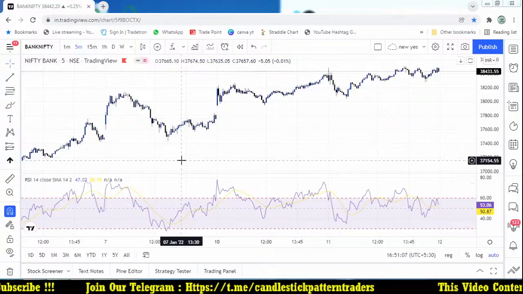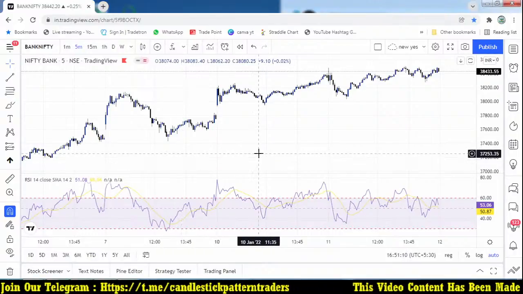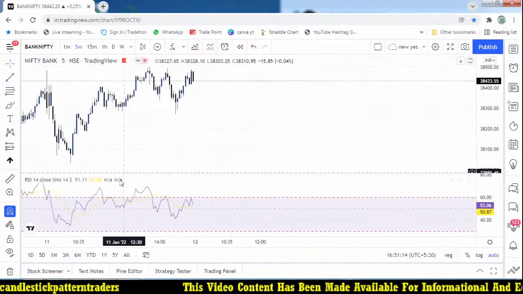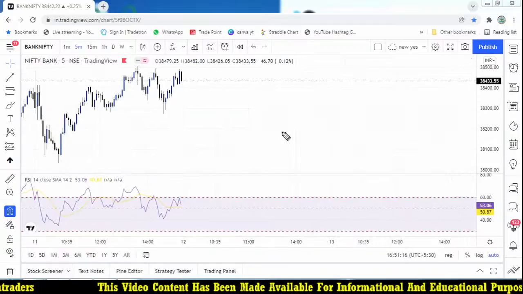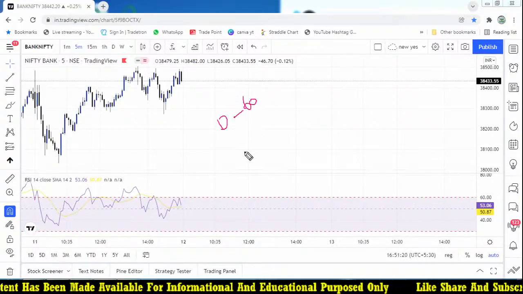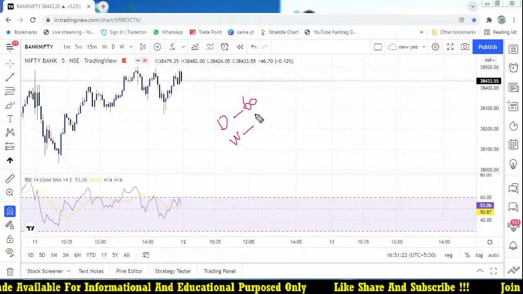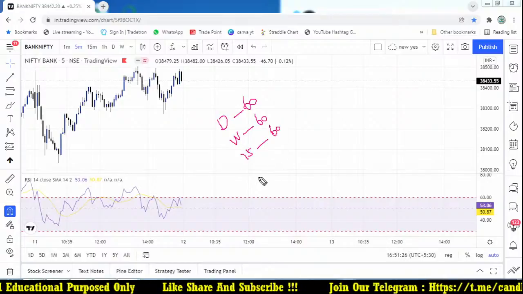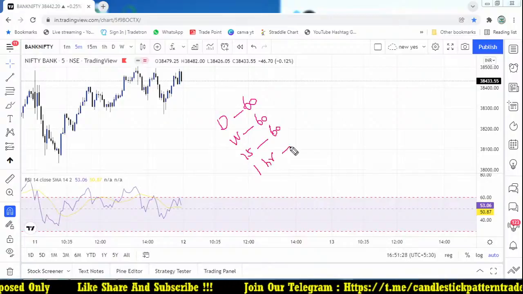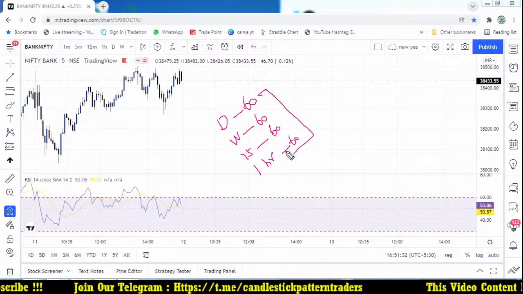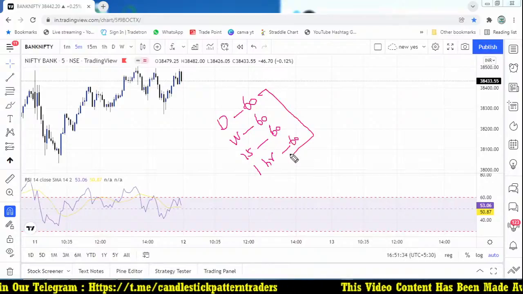The same kind of thing I am using for RSI on the scanner. What conditions did I use? Daily RSI must be greater than 60, weekly RSI must be greater than 60, 15-minute RSI 60, and 1-hour RSI also 60. So here I am finding all the stocks where the RSI is trading above 60.